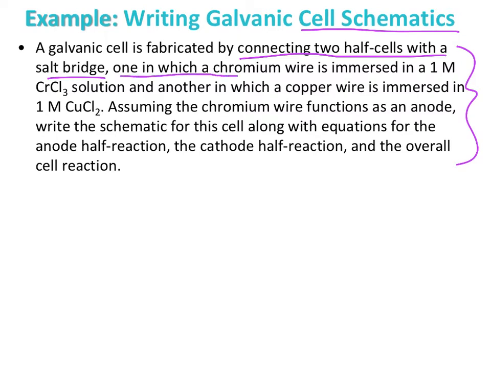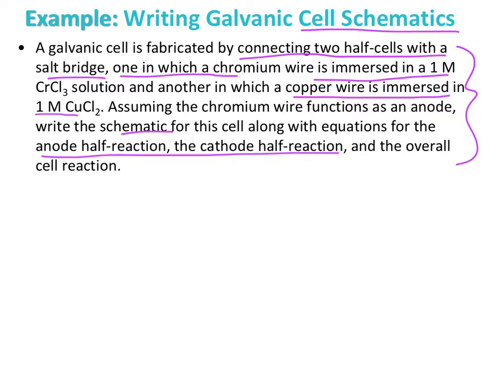One in which a chromium wire is immersed in a 1 molar CrCl3 solution, and another in which a copper wire is immersed in a 1 molar copper chloride solution. Assuming the chromium wire functions as an anode, write the schematic for this cell along with the equations for the half reactions and the overall cell reaction.